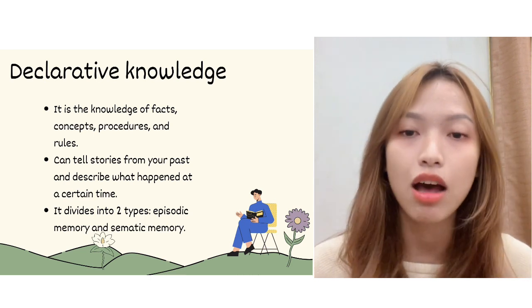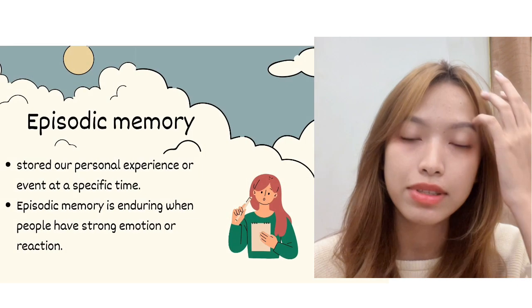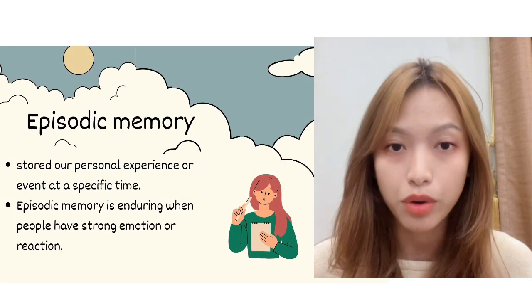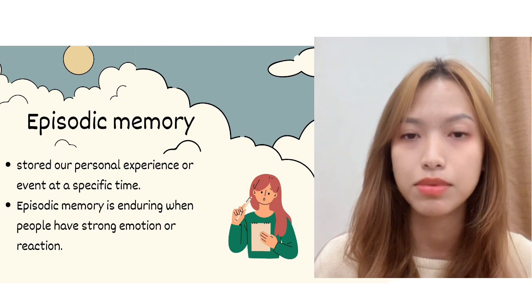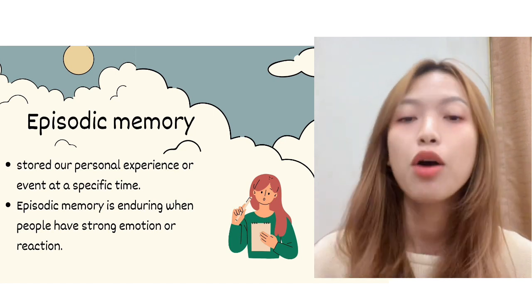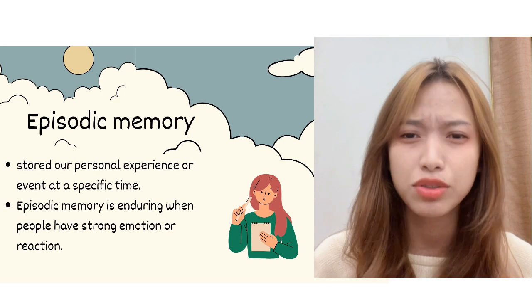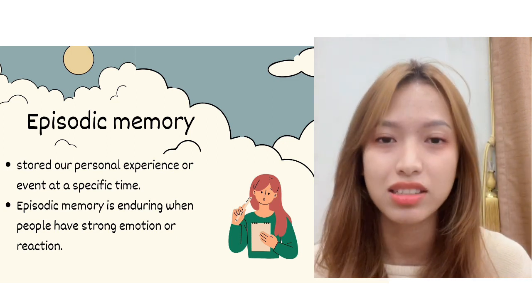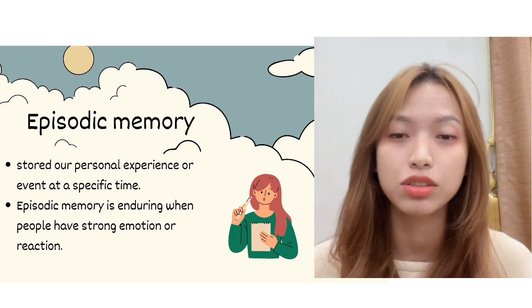So next, let's talk more about episodic memory. It is stored from personal experiences or events at a specific time. For example, when I was 6 years old, a dog bit my leg. So when I see a dog, I get traumatized and recall that event.